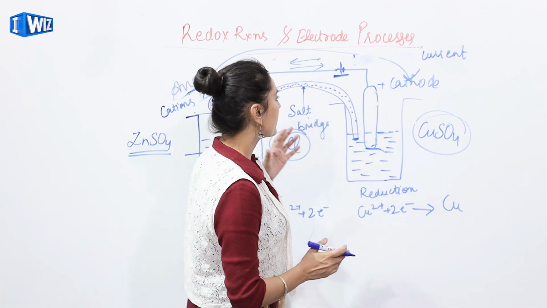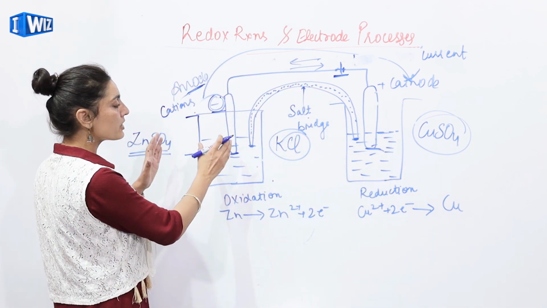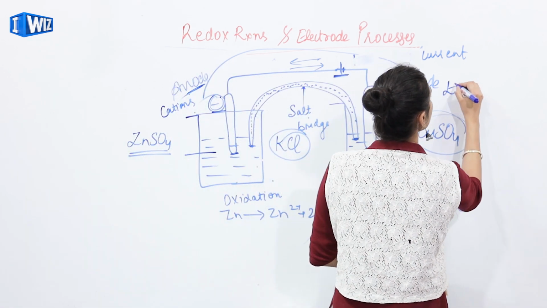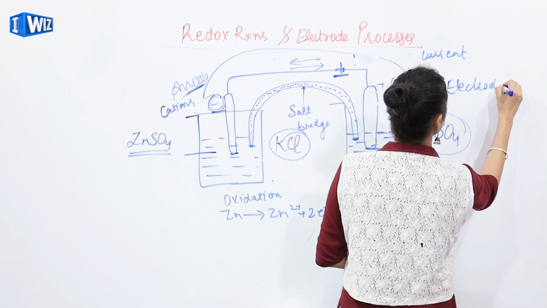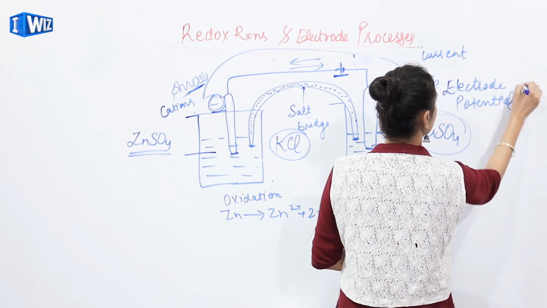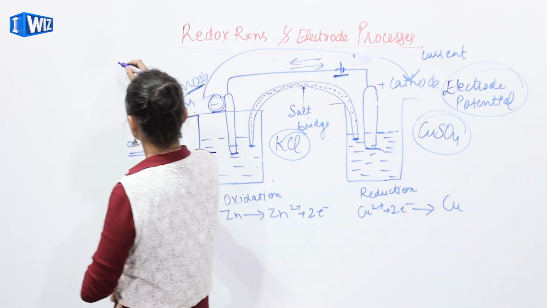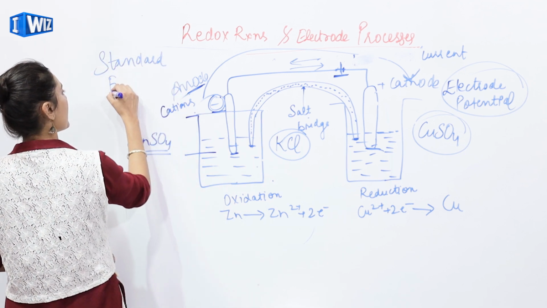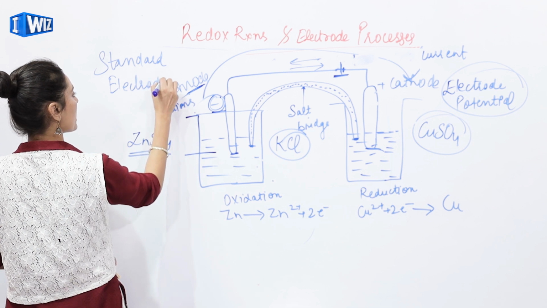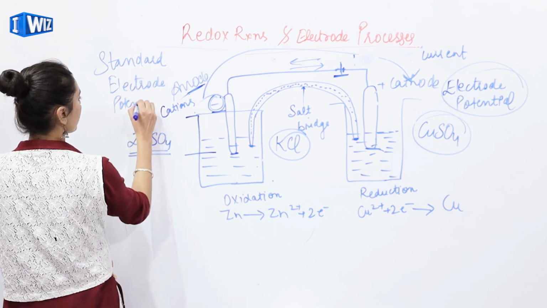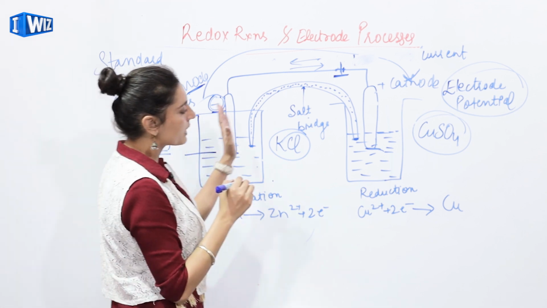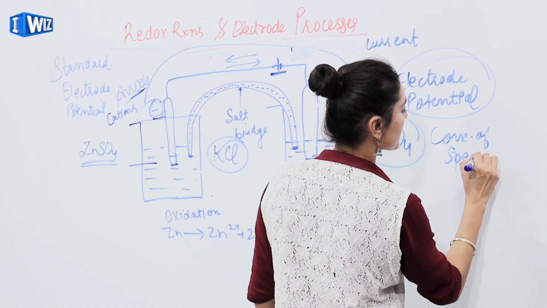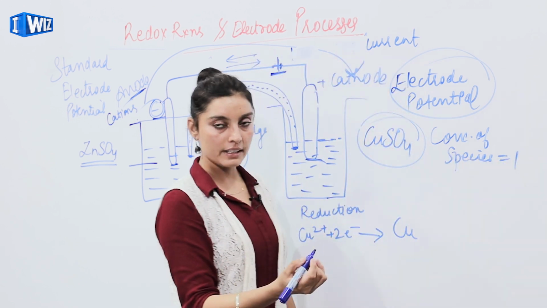Clear? Now, in the beginning, there was the potential associated with these two rods. This potential is said to be electrode potential. And there is one term which is known as the standard electrode potential. Standard electrode potential means under standard conditions, we take the concentration of these species as unity, equivalent to 1.